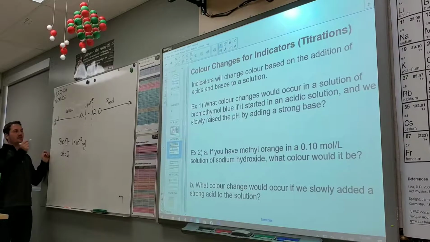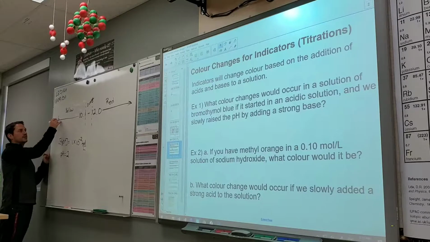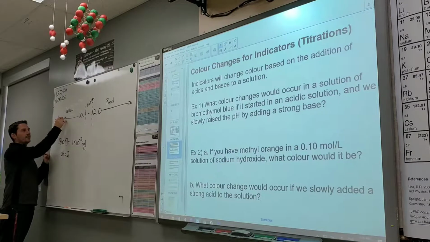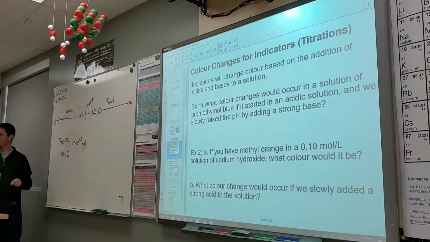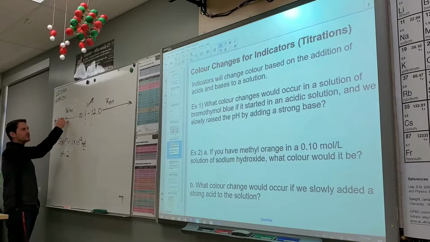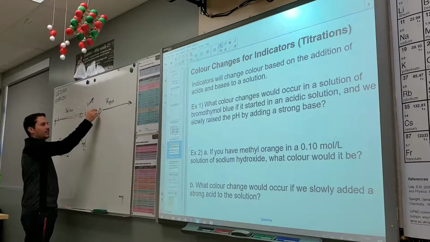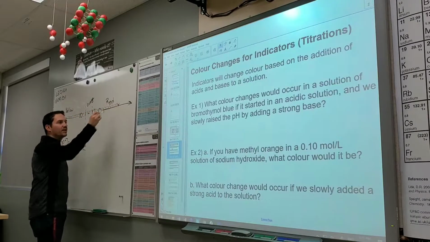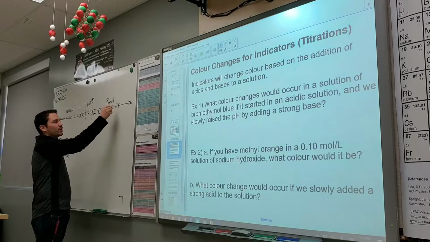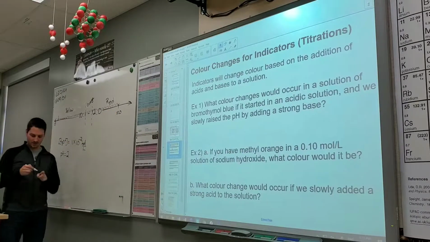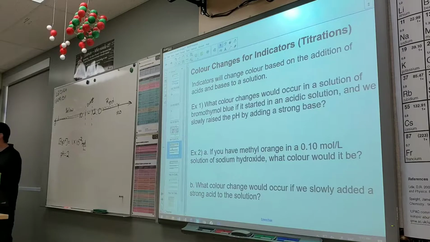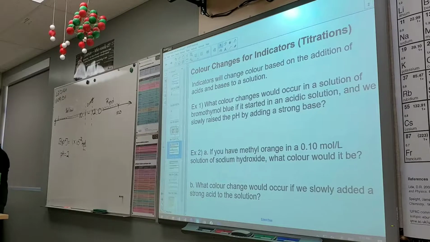Drop by drop, it's going to incrementally move up this line. Would you agree with that? It's going to move up and up and up. And so what color transitions are we going to see? We're going to go up and up, and then finally, let's say we end at a pH of 13 or something like that. So what physical colors will I see in my beaker at the beginning?